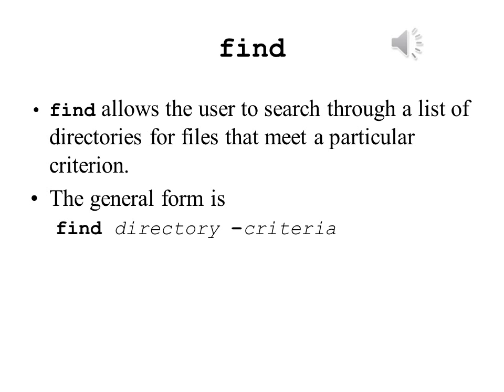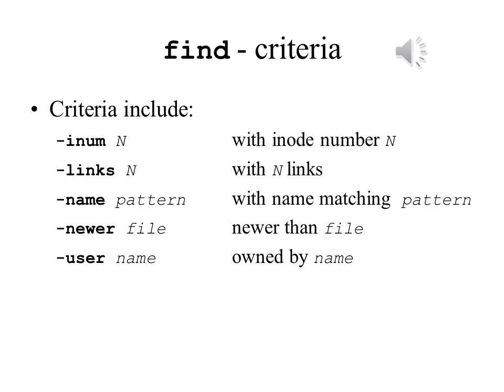The general form is find, the directory in question, and what the criteria are. -inum allows us to look for a file with a particular inode number. -links will look for a certain number of links. -name and then pattern will look for a name that matches the pattern we're looking for. -newer file looks for a file that's newer than the one in question. And -user lets us look for a file owned by the name that we indicate here.